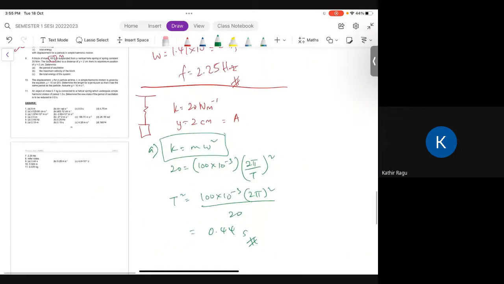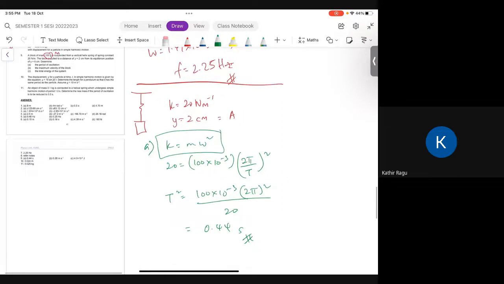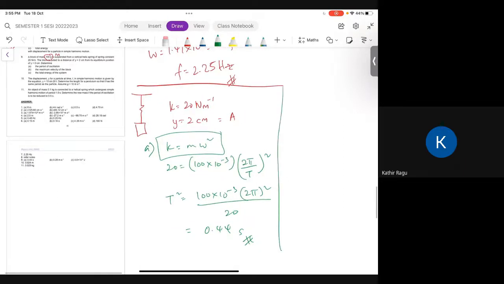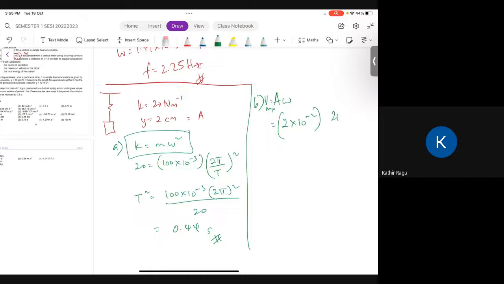Okay, question number B, they ask you to find V maximum. Apa simbol V maximum? V max equals to a omega. So a adalah 2 cm. So 2 times 10 power of negative 2 because you want to change into meter. Omega tadi you dapatlah 2 pi divided by T, 0.44.